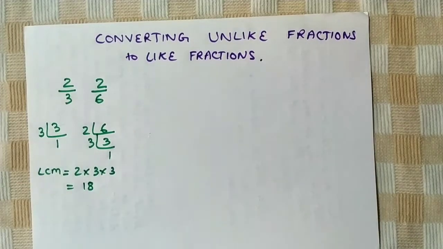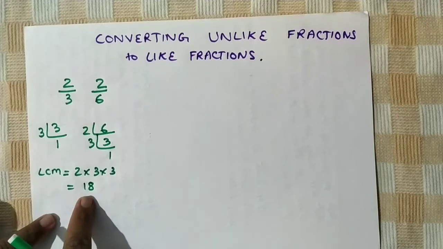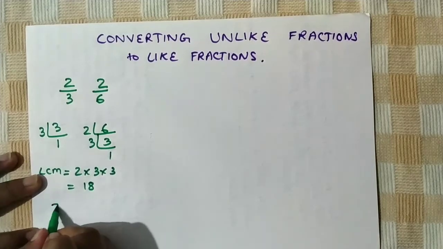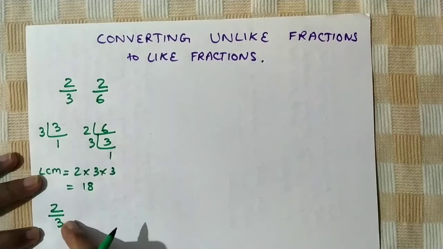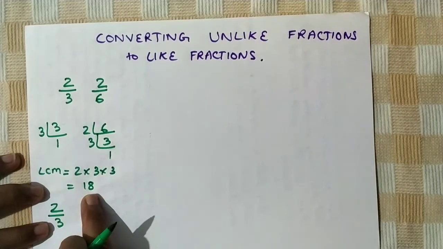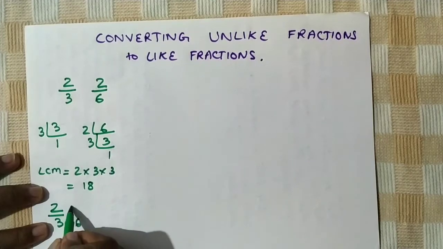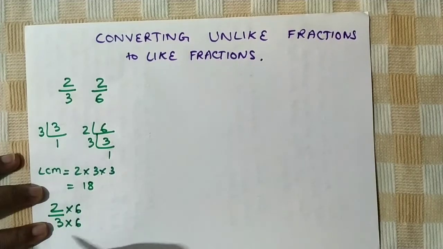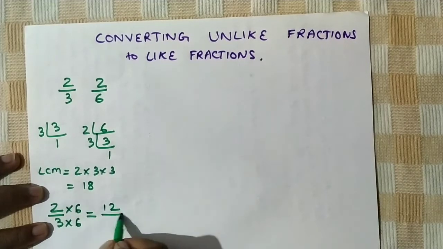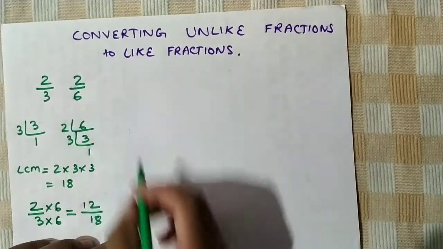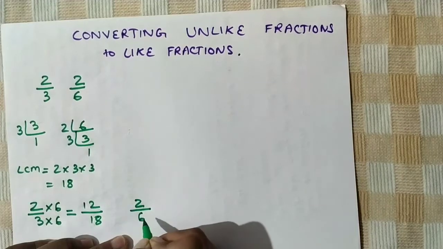Now we'll have to make sure that the denominator is always 18. For example, the first fraction is 2 by 3. Now 3 times how much is 18? 3 into 6 is 18, and we'll have to multiply the numerator with the same number. 2 sixes are 12, 3 sixes are 18. Let's take another fraction, that is 2 by 6.